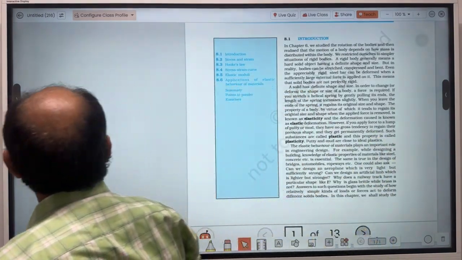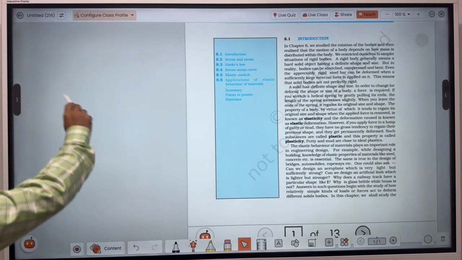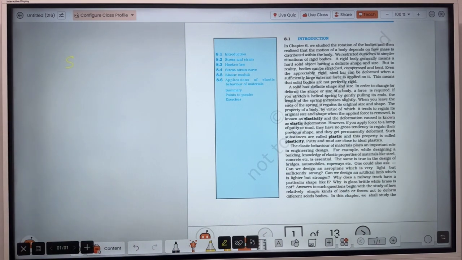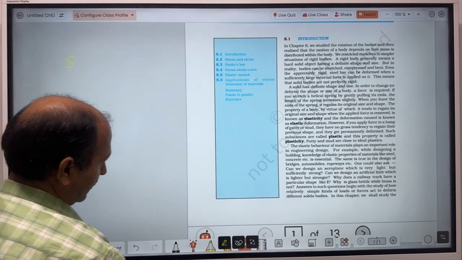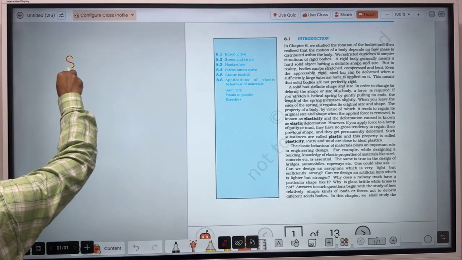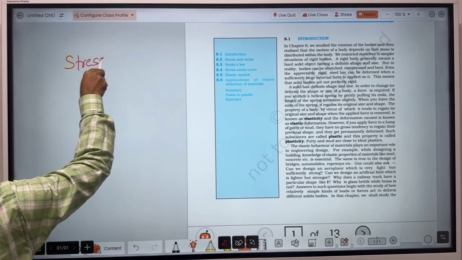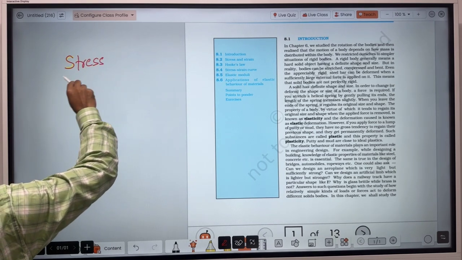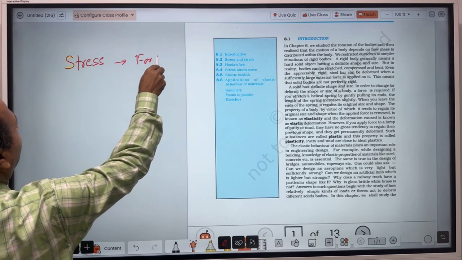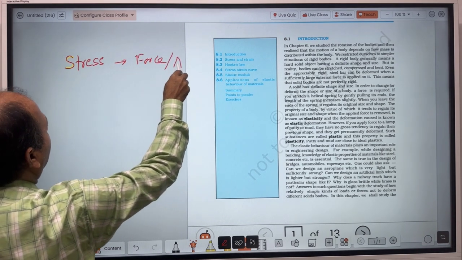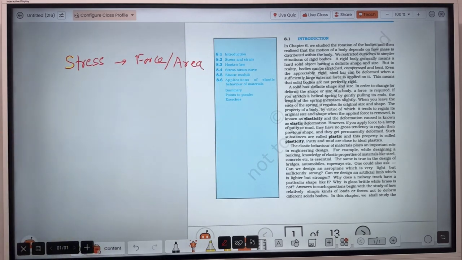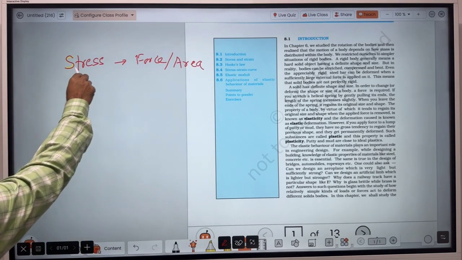Here all that we are going to study is types of stress, all types of stress. What is stress? Stress is force upon area. So let's analyze first, and after that I will go into detail.